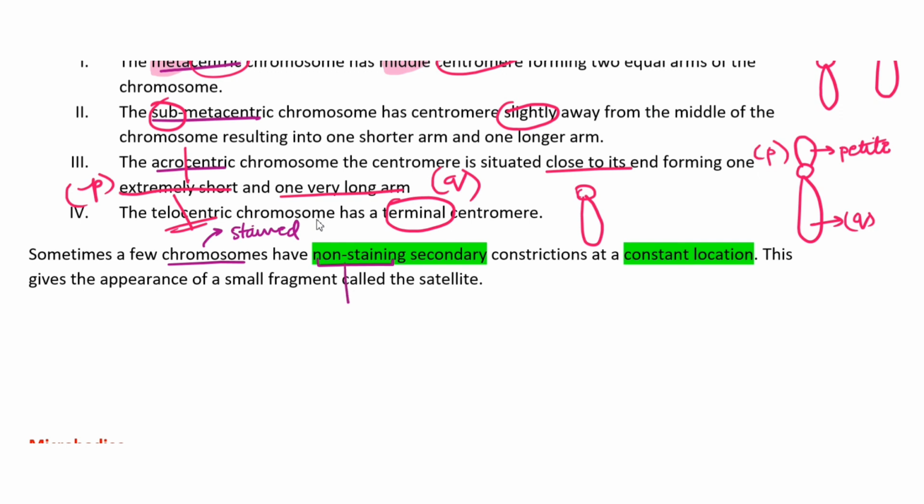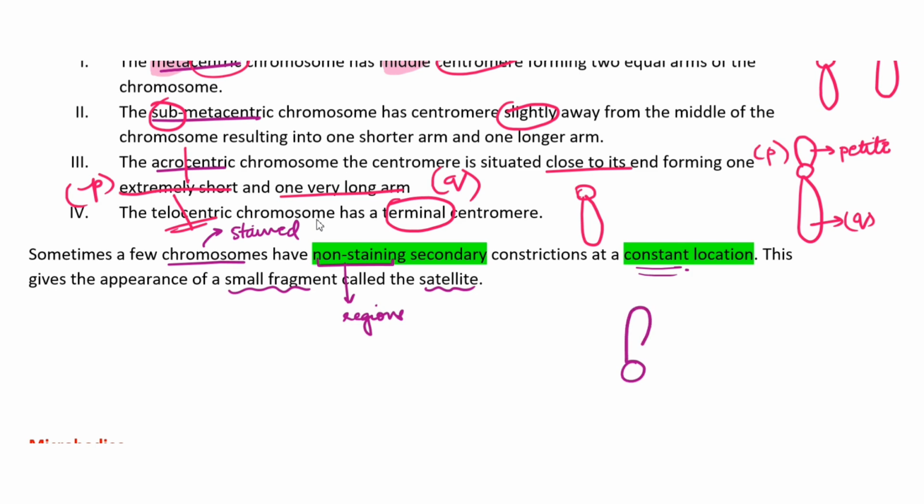This location does not differ from one chromosome to another. In all the chromosomes that have these secondary constrictions, they are present at the same constant location. This gives the appearance of a small fragment called the satellite. So the satellite is a fragment and the region is called the secondary constriction.